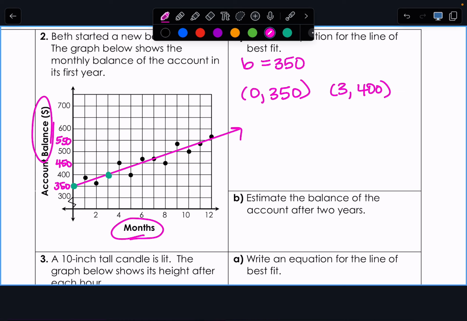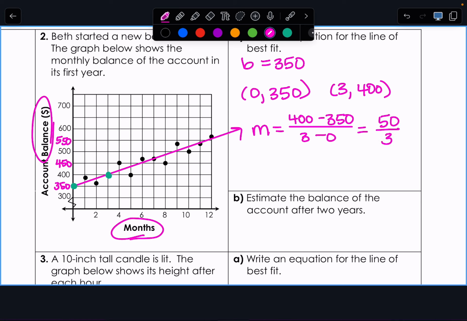Okay, I am going to give you a moment to calculate the slope. Did you get 50 over 3?